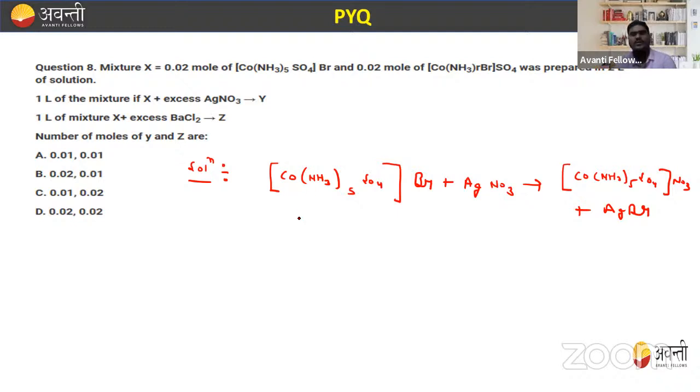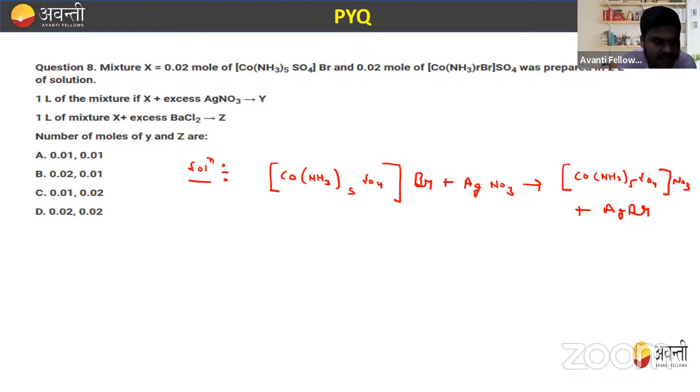So the mixture X has 0.02 mole of this, which will produce 0.01 mole of AgBr.